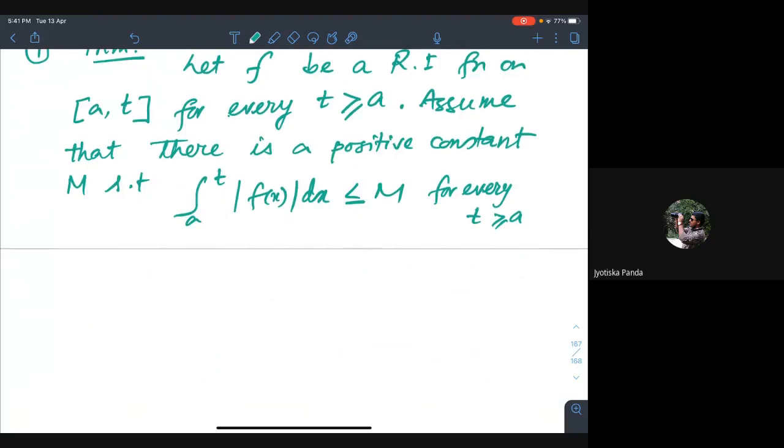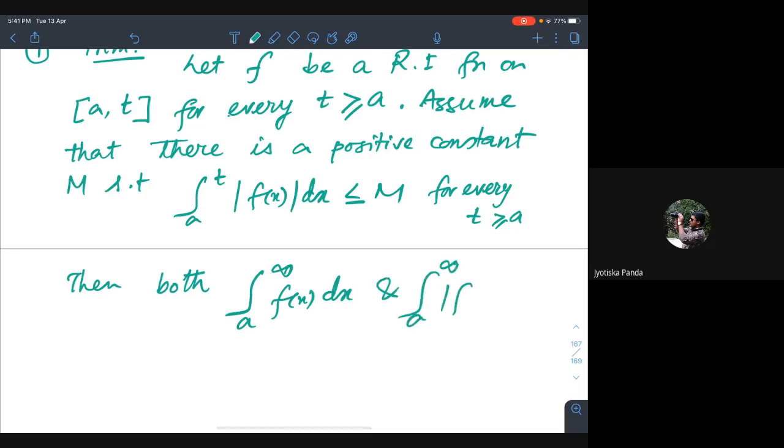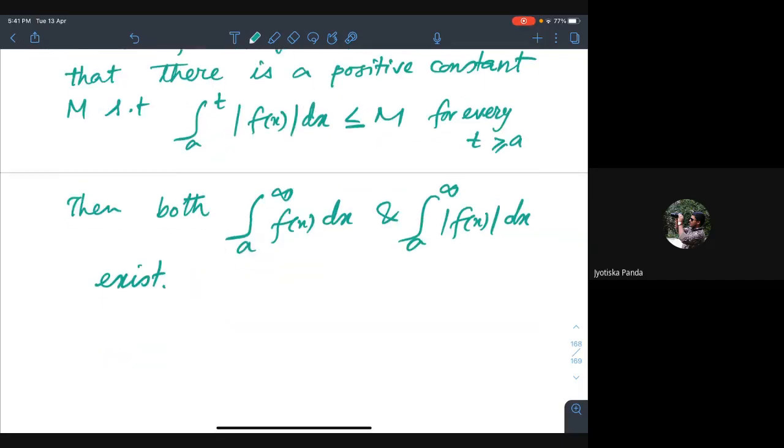Then both the integral from a to infinity of f(x) dx and the integral from a to infinity of |f(x)| dx exist. So which means this is absolutely convergent also.